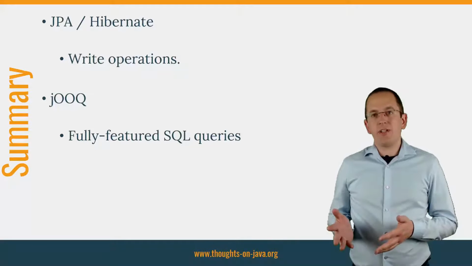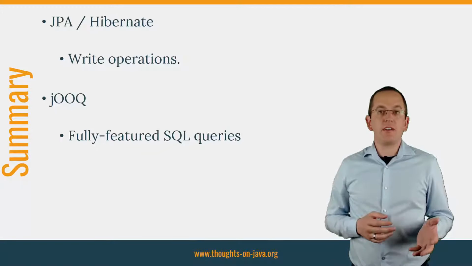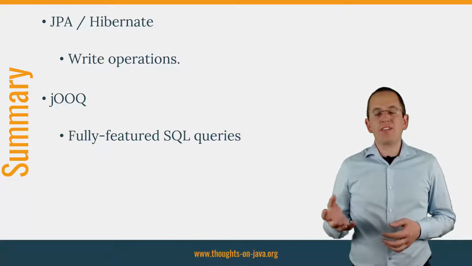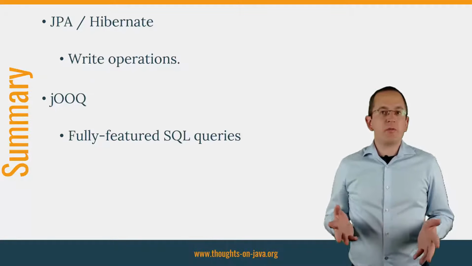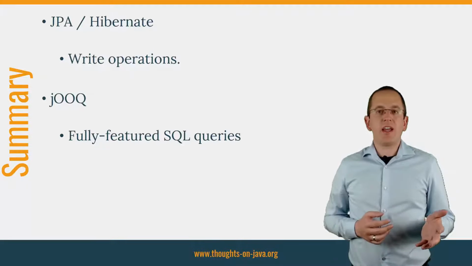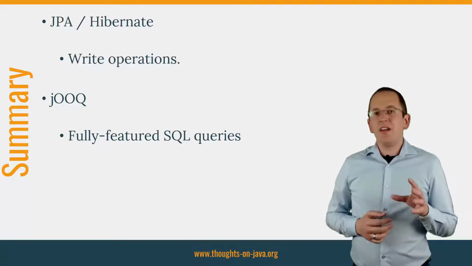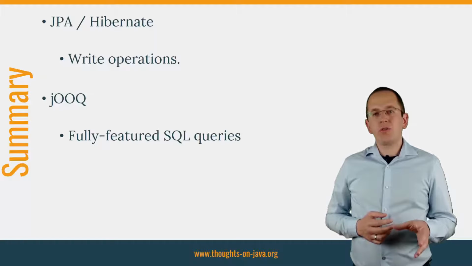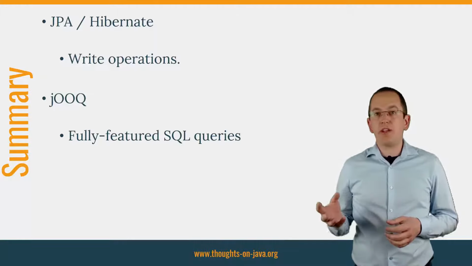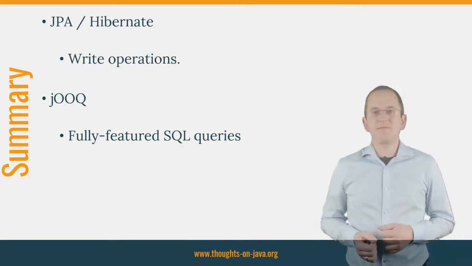If you structure your application so that you can define a class path dependency to your entity classes, jOOQ's code generator can create meta-model classes based on your entity mappings. That makes sure that your entity model and your jOOQ model stay in sync and enables you to use the DSL in a type-safe way. After you've defined your query with jOOQ, you can execute it as a native query with Hibernate and use Hibernate's mapping functionality to map the records to the result set.